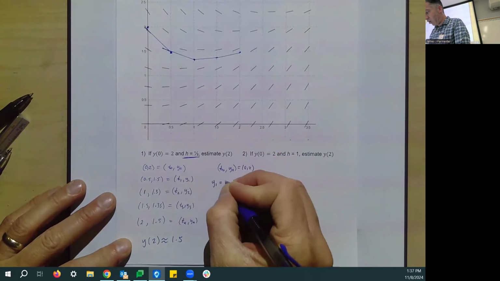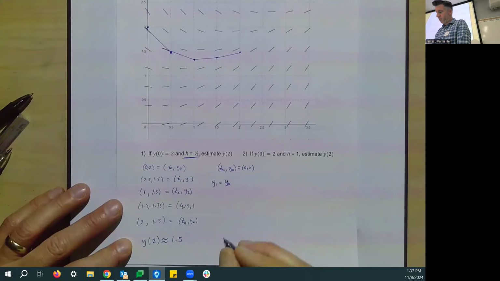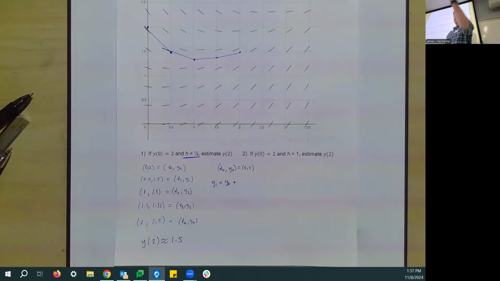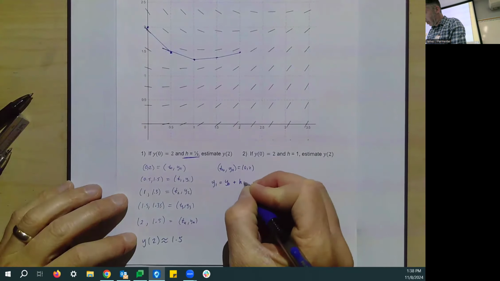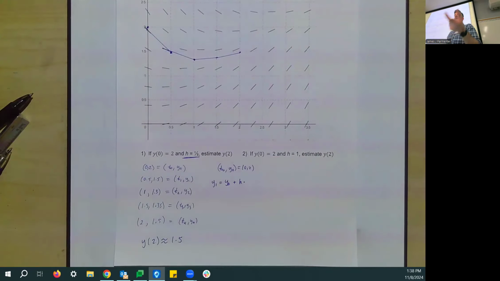y1 is going to be my old y value plus your run, your h, your step, times your slope, your differential equation, whatever it's equal to with the points plugged in, which you typically write as f of t naught comma y naught.